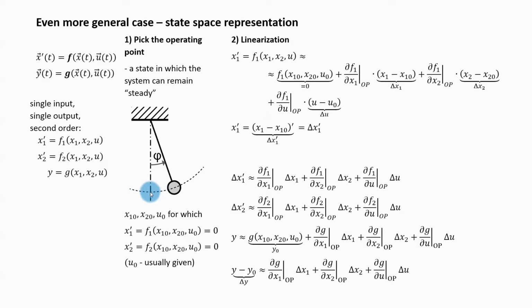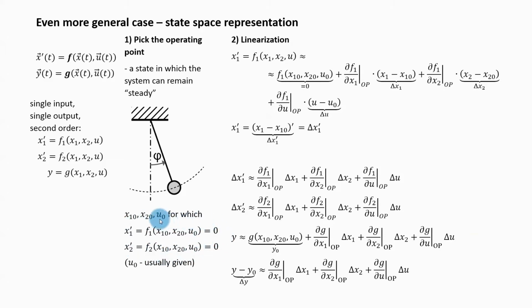Now, how do I express this steady point mathematically? It's actually quite simple. I'm looking for a state in which the system will remain steady. That is, in mathematical language, I'm looking for a state in which the derivative of the state is zero. This means that I'm looking for the values of the state variables for which the derivatives of the state variables are zero.